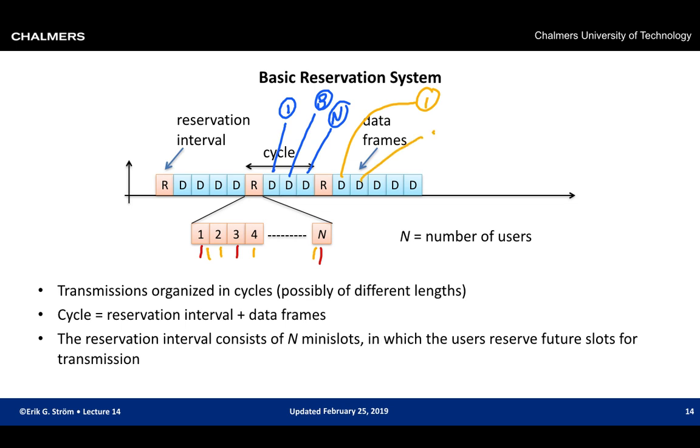The second would be from number 2. The third one would be from number 4. And then, okay, so maybe this didn't work out in this case. The last one should be N here. So maybe this is from N minus 1 and this is from N, like this. Okay, and then there is another round of reservations. So, questions on the general setup here?